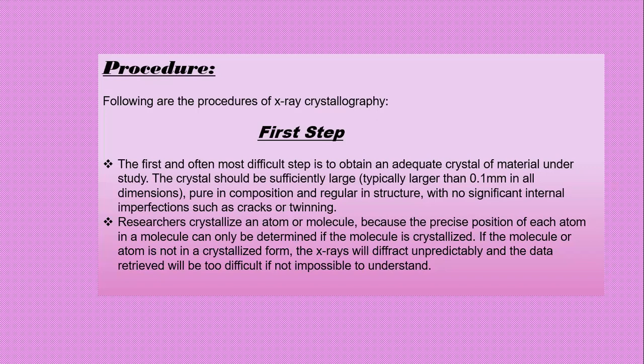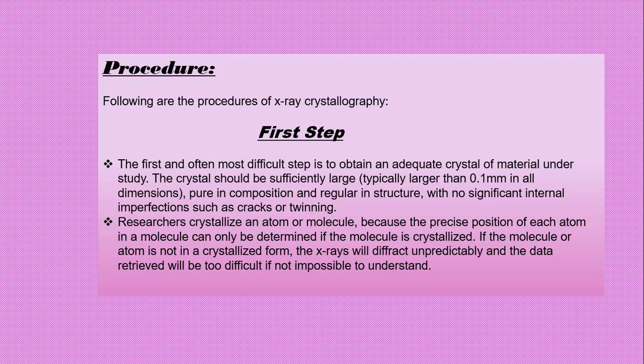The crystal should be sufficiently large, typically larger than 0.1 millimeter, in all dimensions. All dimensions means three dimensions. It should be pure in composition and regular in structure, with no significant internal imperfections such as cracks or twinning.